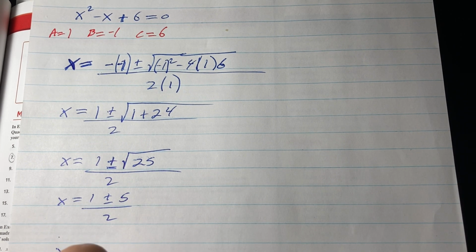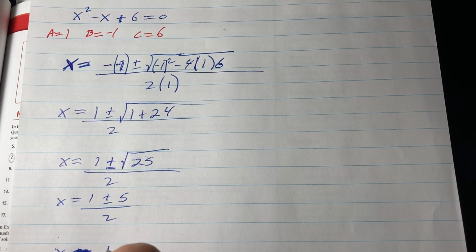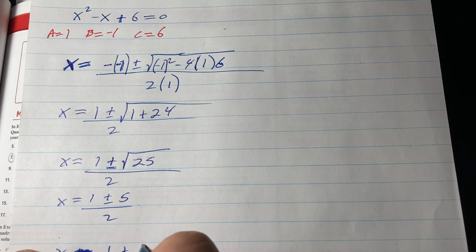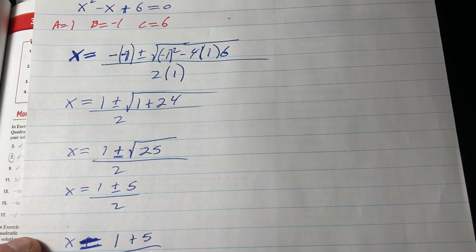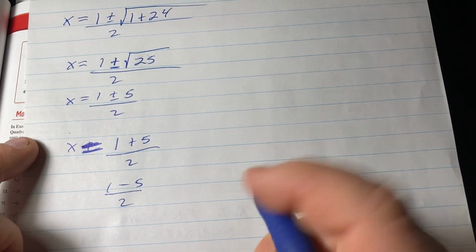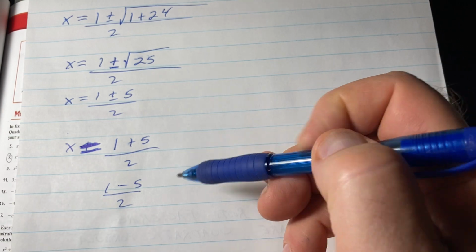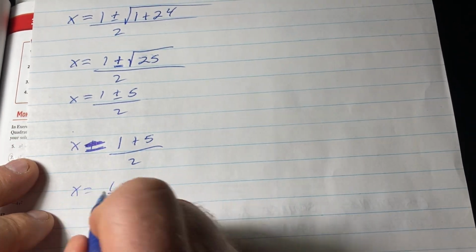This is the same thing as saying 1 plus 5 over 2 or 1 minus 5 over 2. It's both of these.